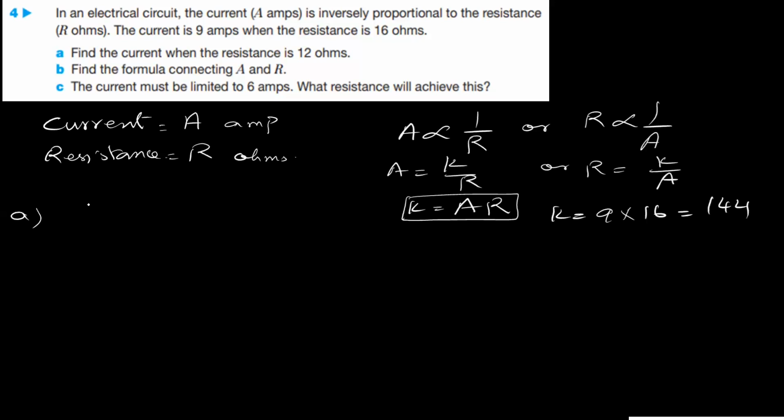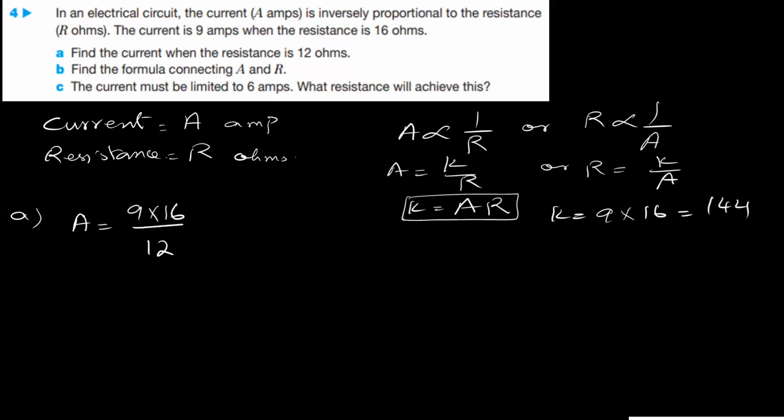Now question A we solve. Find the current when resistance is 12 ohms. We need to find A and the resistance is given, which is 12 ohms. K is equal to 9 times 16. We can write 144 as well, but if we write it this way it becomes easy for us to solve.